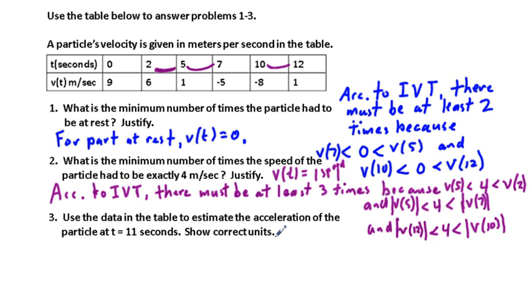Okay, use the data in the table to estimate the acceleration of the particle at t equals 11 seconds. Show correct units. So here we have 11 seconds between 10 and 12 seconds. And so the estimate of acceleration is going to be the average rate of change between these 2 points.